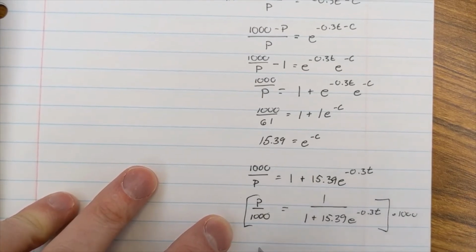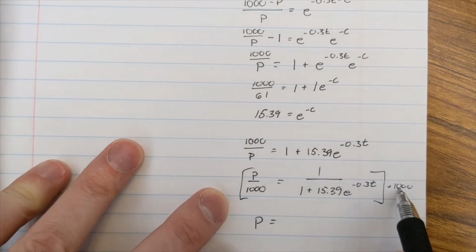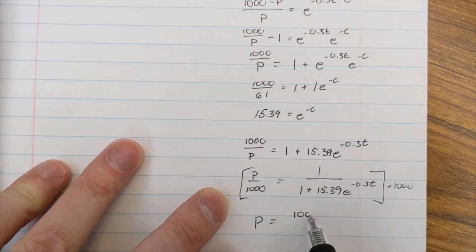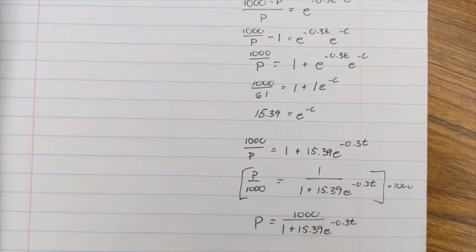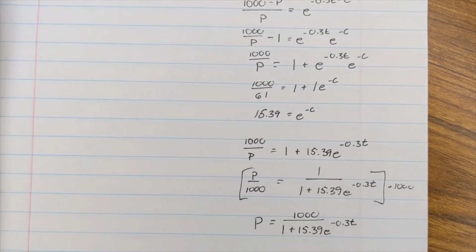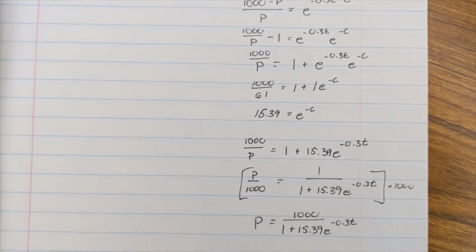So it cancels over here, and this 1000 only multiplies into the numerator, so P equals 1000 over 1 plus 15.39 e to the negative 0.3t. So that is the population equation. Well, technically it's P of t, but same thing. We'll model the moose population given in the problem. That's the end of this example.